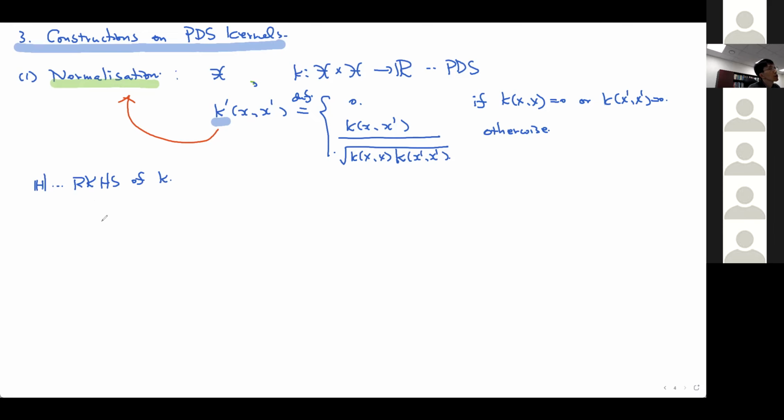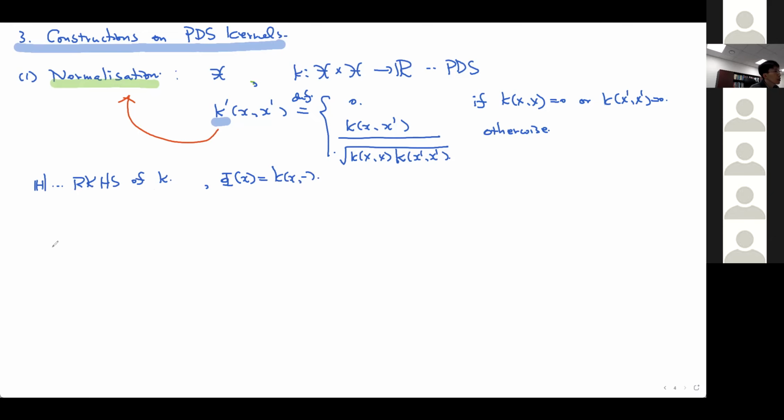That means there has to be some feature map associated with K prime. If you look at the RKHS of the original K, we can understand what's happening. This RKHS has a feature map, which maps x to K of x, blank.